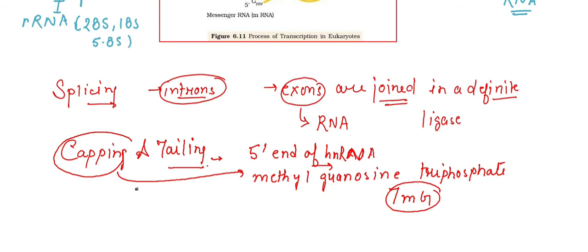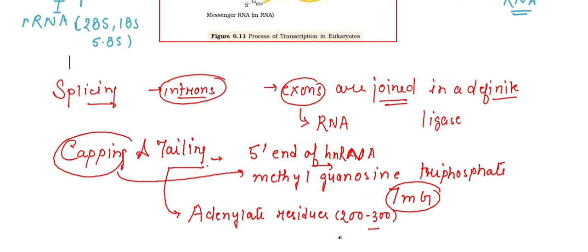In tailing, adenylate residues, which can be written in number, are added at the 3' end in a template independent manner. After splicing, capping and tailing, the processing completes.